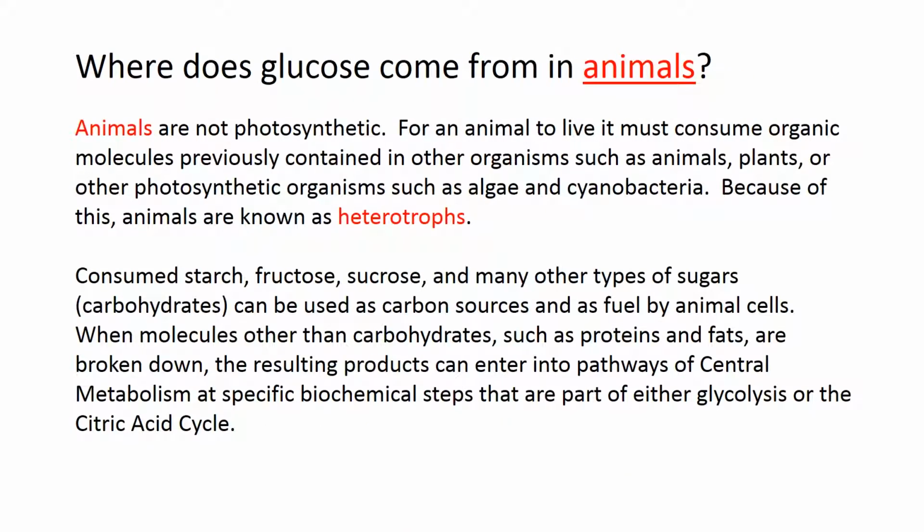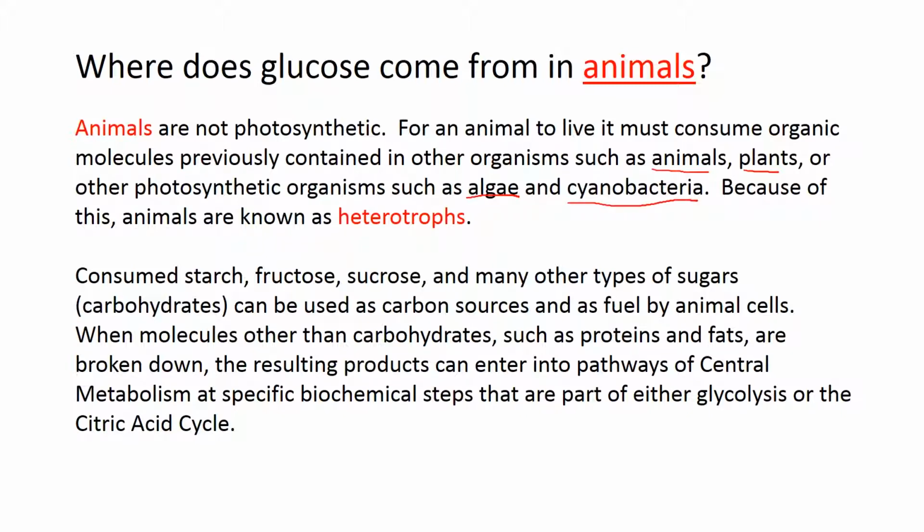However, the question now is, where does glucose come from in animals? Where do animals get their glucose from? Animals are not photosynthetic. So for an animal to live, it must consume organic molecules previously contained in other organisms, such as other animals, plants, or other photosynthetic organisms such as algae and cyanobacteria.